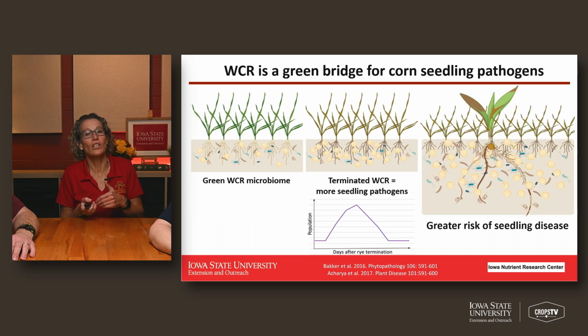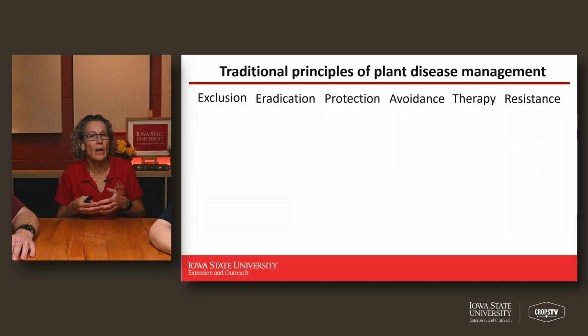But if we plant corn while those numbers of seedling pathogens are very high, then we run into a greater risk of seedling disease. So when we think about plant disease management, there are 6 traditional principles that we talk about.